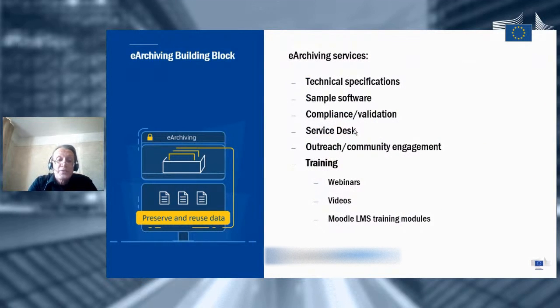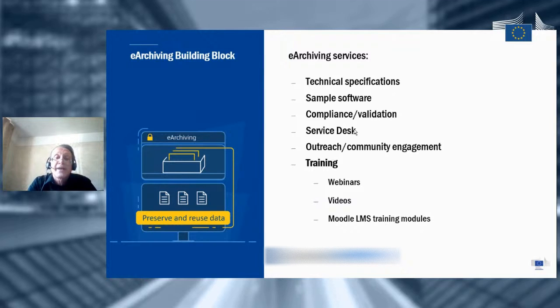In terms of what we do, as you would expect, we provide a variety of eArchiving services. One of the things we do is maintain technical specifications, and that's very much Karin's area of the building block. In our case, the core specification is the Common Specification for Information Packages, or CSIP, and you'll hear a lot more about that later. We also have open source tools that you can download and use right away.